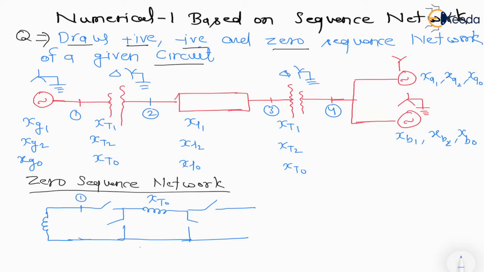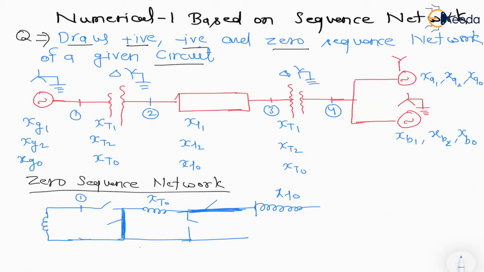In the case of the transformer, our primary side is delta connected, so we will close the switch directly here, and the star point is solidly grounded, so it will be closed like this here, and this will remain open.